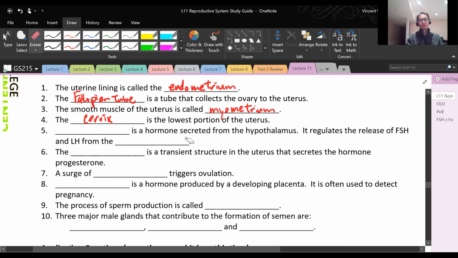Something is a hormone secreted from the hypothalamus. This is the GnRH. It regulates the release of FSH and LH from the anterior pituitary.